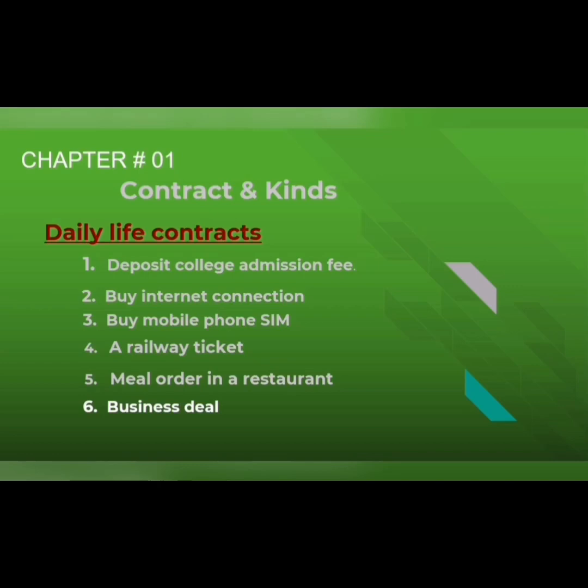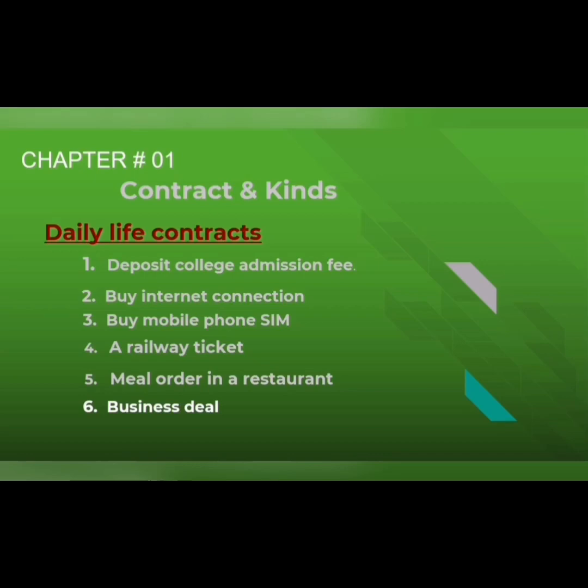When we deposit college admission fee, we establish a contract, or a kind of relationship, with our college administration regarding study. When we buy an internet connection, we establish a contract, or you can say an agreement, with the internet service providing company regarding internet services.